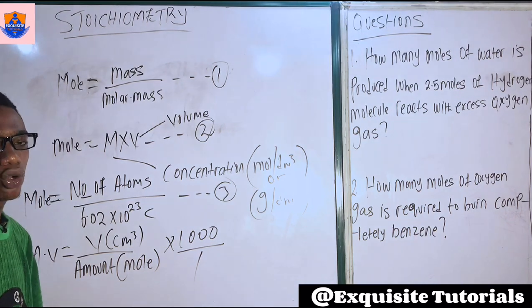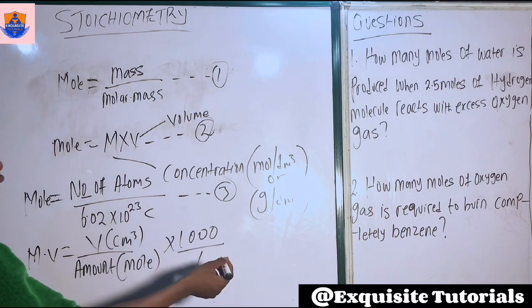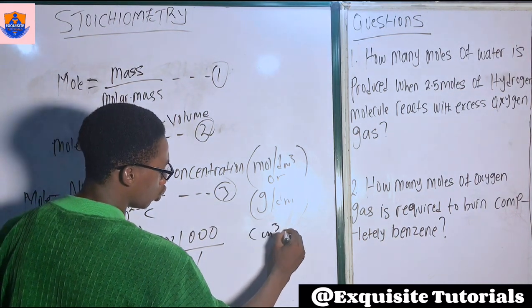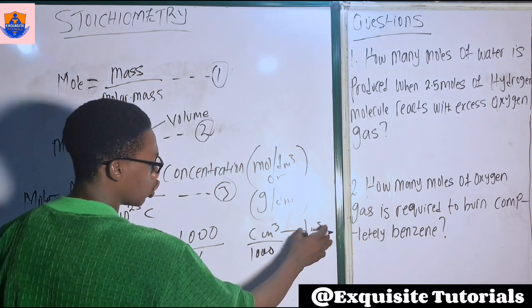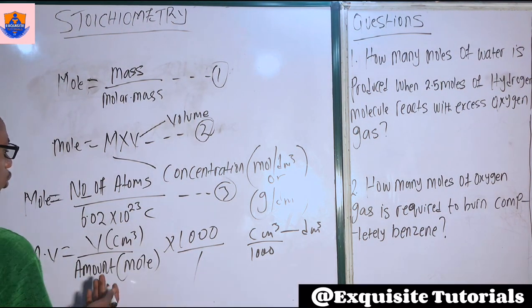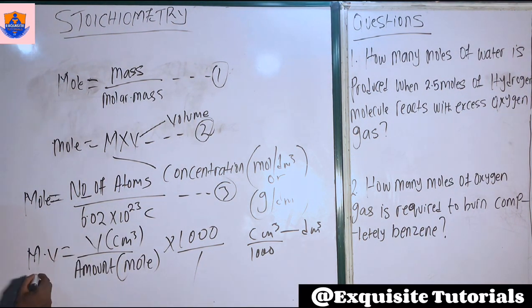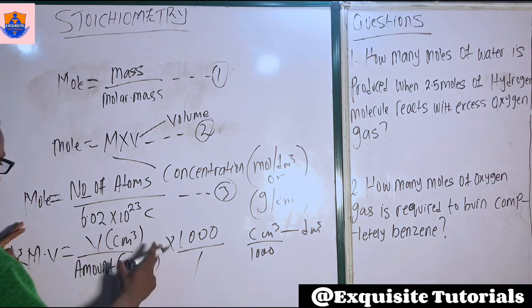Because most likely your volume will be given in cm cube, so you have to convert your volume in cm cube to dm cube, and to convert from cm cube to dm cube you have to divide the cm cube by 1000. So easily just multiply the equation by 1000, you get your volume in cm cube. This molar volume here is a constant. It is called 22.4 dm cube. This is a constant for this equation.